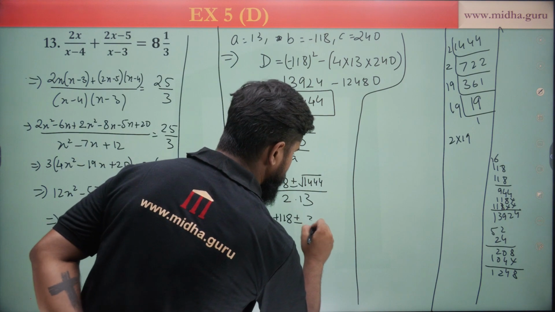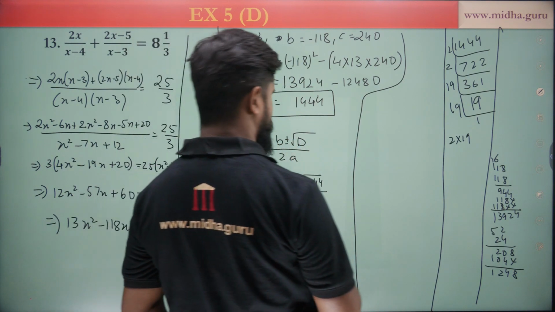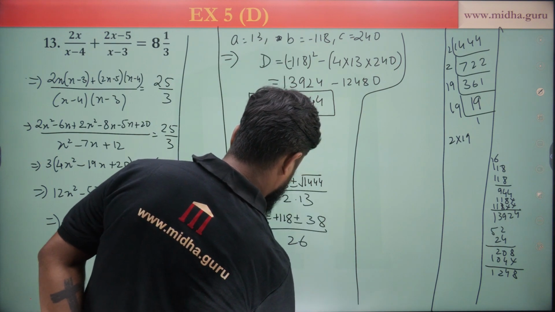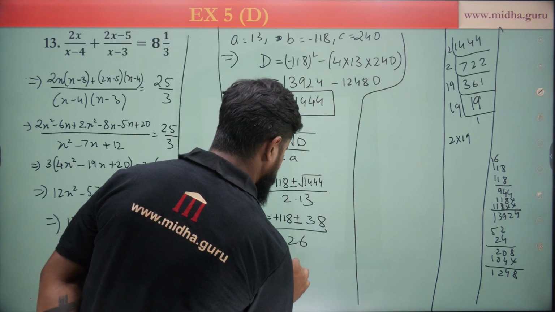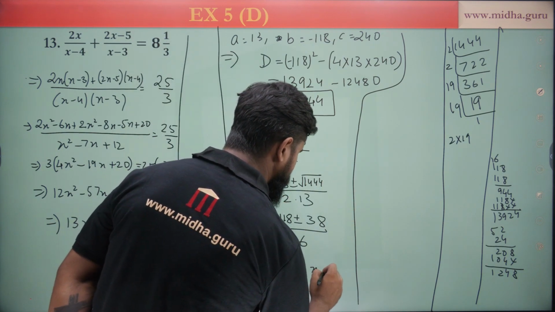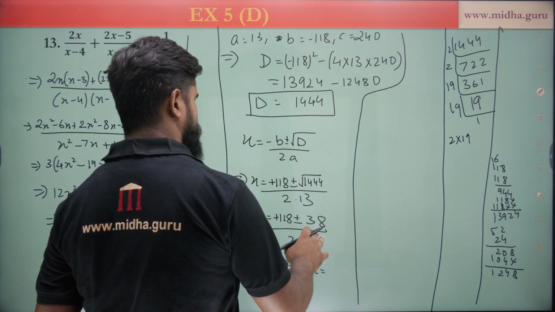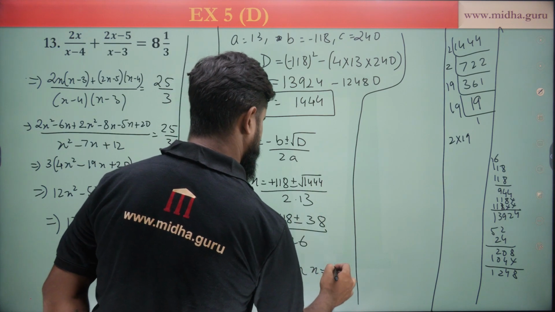So the square root of 1444 is 38 divided by 2 into 13, that is 26. So x is either equal to 118 minus 38, which will be 80 by 26, or it is equal to 118 plus 38, which is 156 by 26.